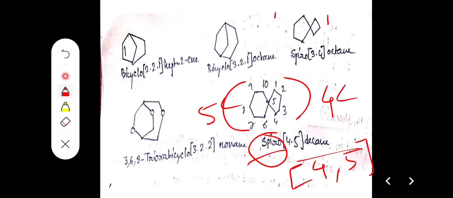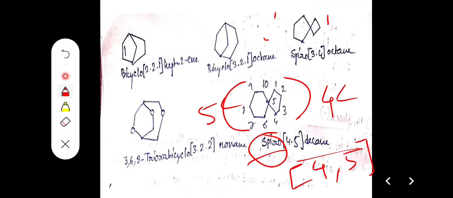For spiro, we have to consider in the bracket first the lowest number of carbon atoms, then the highest number of carbon atoms. That is the opposite trend of bicyclo compounds. In bicyclo compounds, we first consider the highest number of carbon atoms present on any side of the ring, then the lowest. But in spiro, we use the opposite trend, that is the lowest number of carbon atoms first, then the highest second.